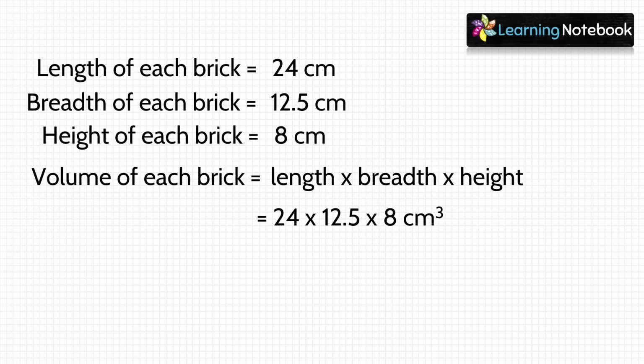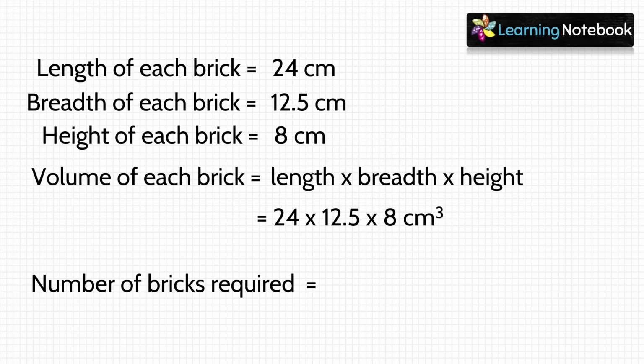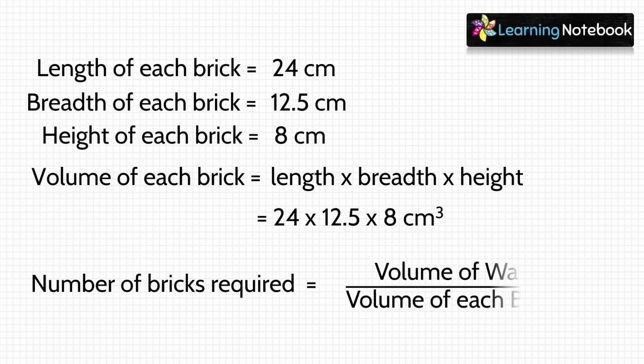Now we have calculated the volume of wall as well as volume of one brick. So we can easily find number of bricks required to build this wall. So let's divide volume of wall by volume of one brick.